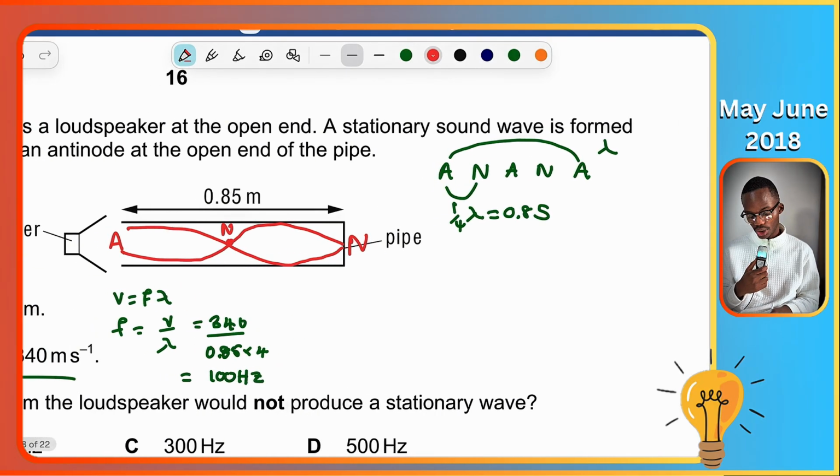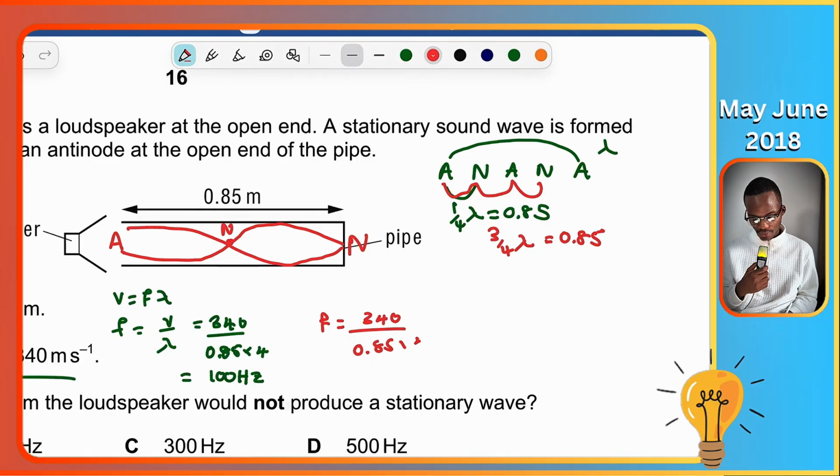So it's antinode, node, antinode, node. This one is actually 3/4 lambda, which is equal to 0.85. So in this case, my frequency is going to be 340 divided by 0.85 times 4/3. If you punch that in, that's going to give you 300 hertz.